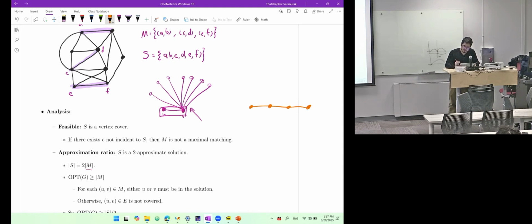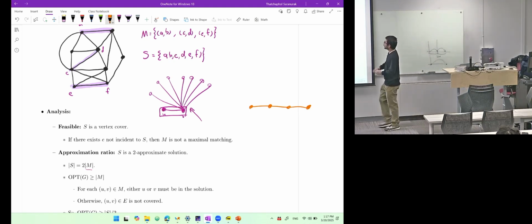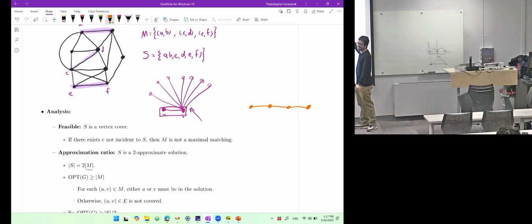Yes, that's an example where you could pick the 2 edges on the side as opposed to the edge in the middle. But in that case, wouldn't the inequality be the opposite, where opt of G is like half the size of M? Do you know what I'm saying?